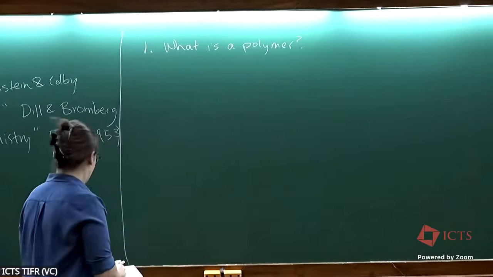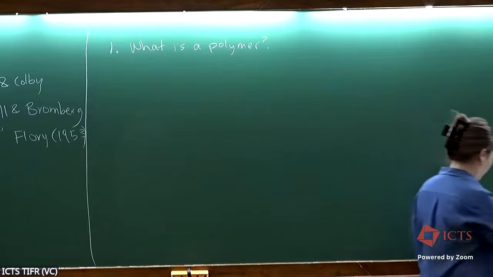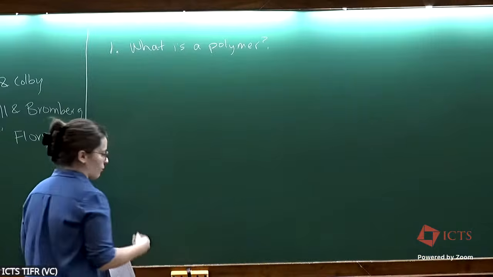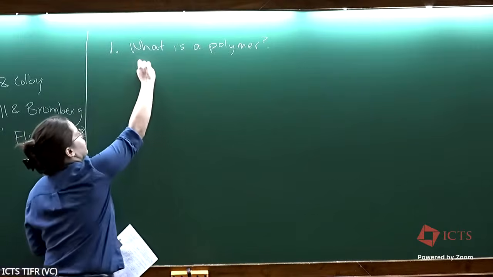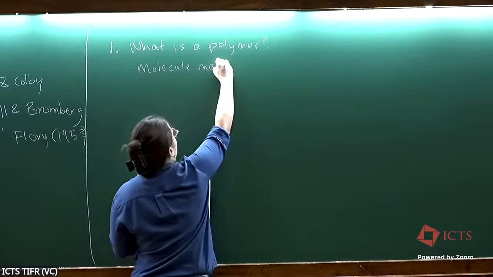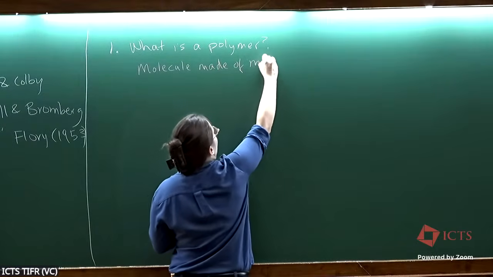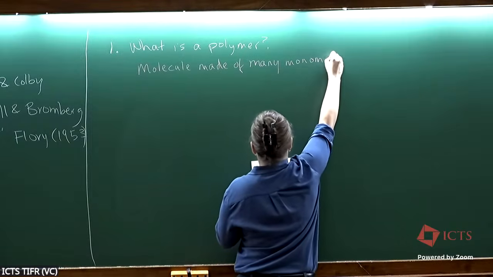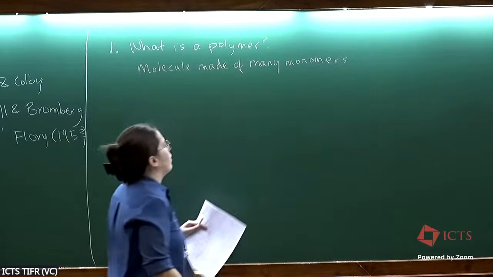And for this, we can define it quite generally. It's some sort of molecule that is made up of many repeating units that we call monomers that are bonded together.